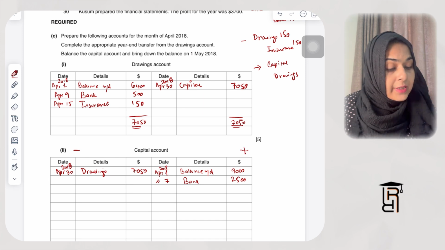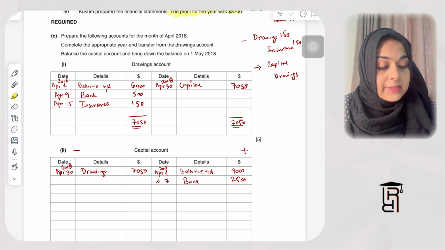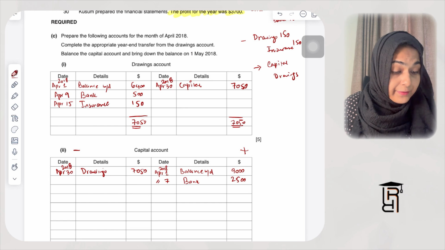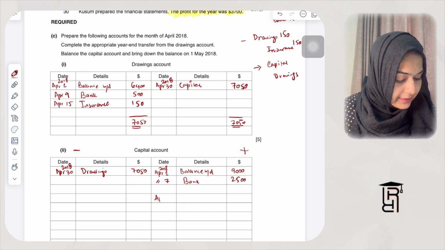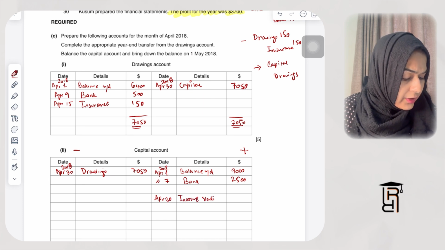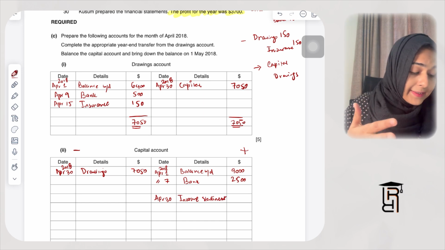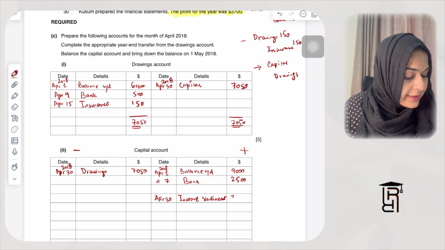The profit for the year needs to be transferred to the capital account. Profit always increases capital, and on the credit side of the capital account we record profit for the year. So I'm going to write here April 30, and I can write here income statement, or in some marking schemes I do see that they have also written profit for the year on the credit side of the capital account, but you write here income statement and you write here 3700.